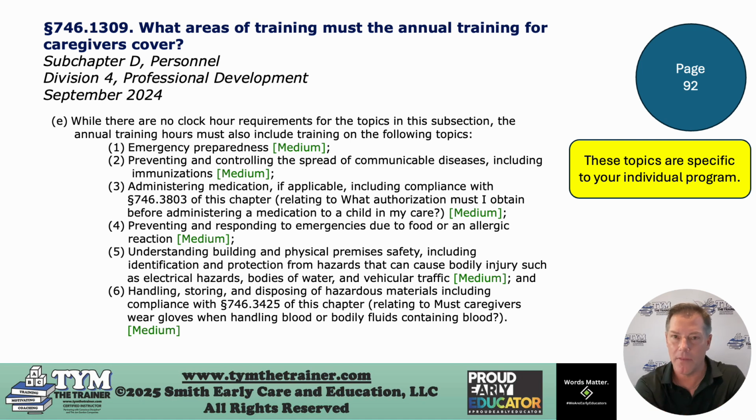So basically what they're saying here is there's no particular hour requirement for these 6 topics. It's basically how long is it going to take for you to cover these topics. That has to be done every year.